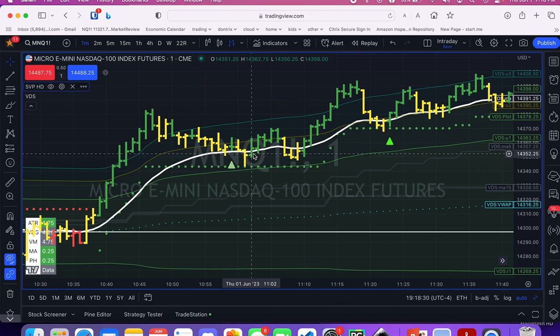Assume you enter at 54, 54 plus 33 is 87. Yeah, 87 easily, right? It went up to 90. So this trade is a 1:3 winning trade. That's how it works, and that is the key of this strategy.